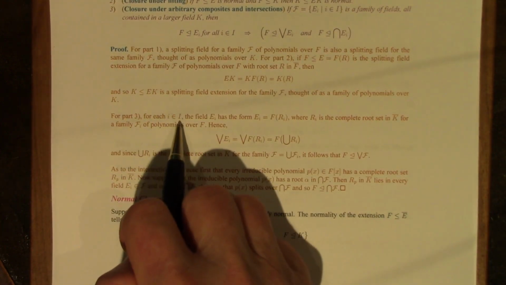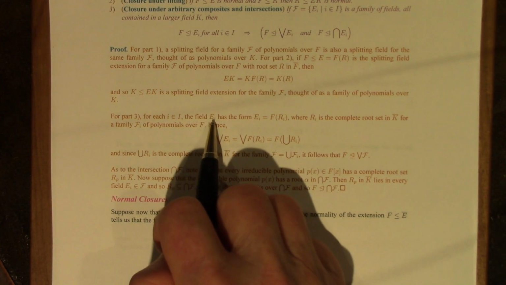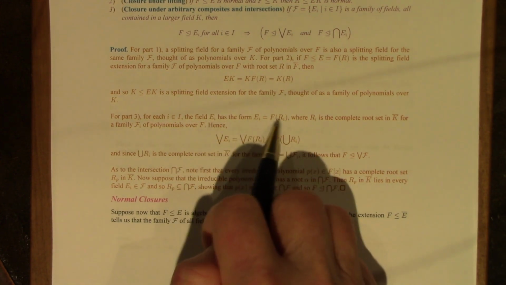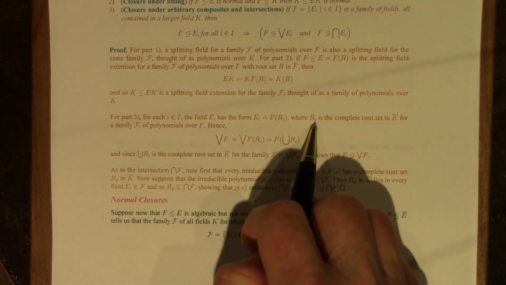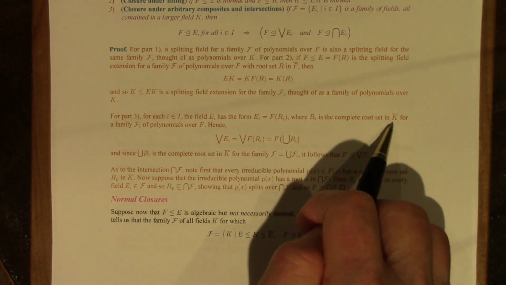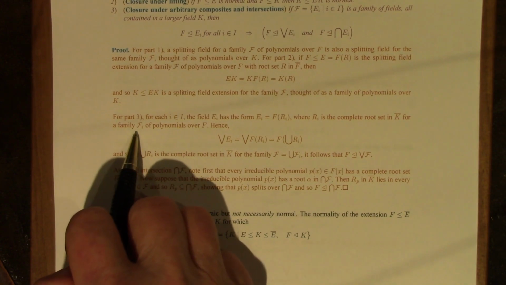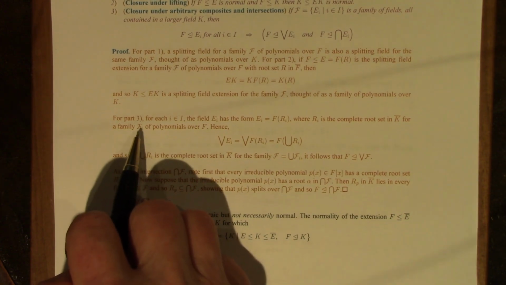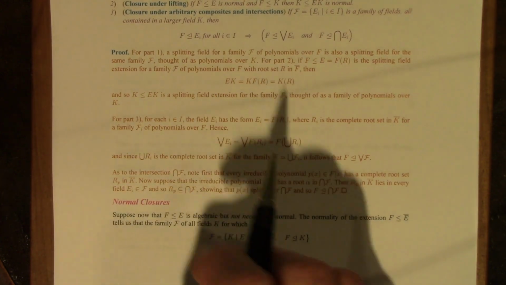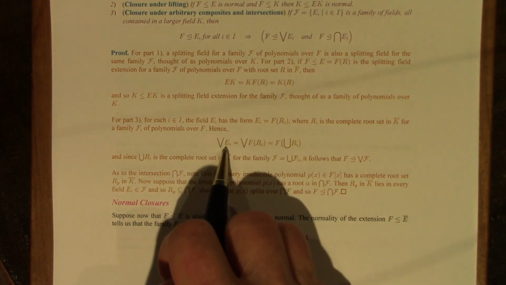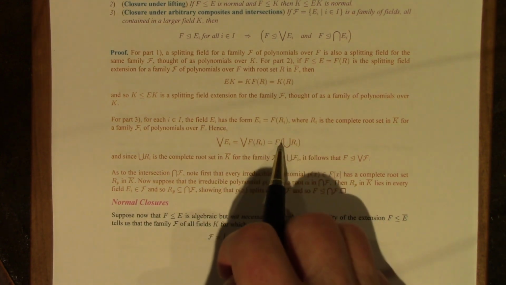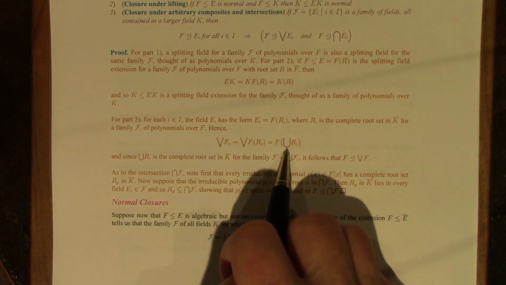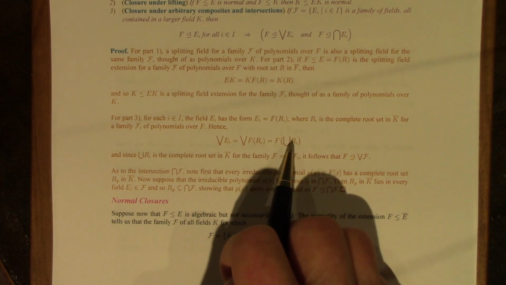For each index i, this field can be written as F with the root set adjoined. It's the complete root set in K bar for some family of polynomials over F. So the join of the E_i is the join of F with R_i adjoined, and that is F with the union of R_i adjoined.